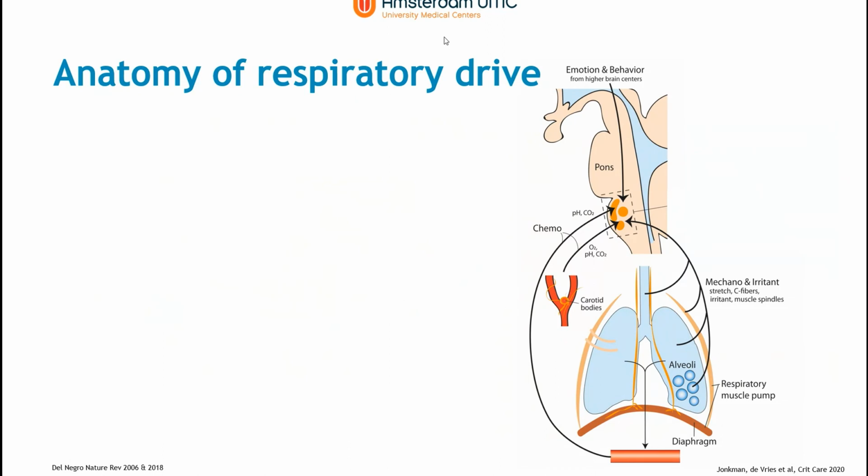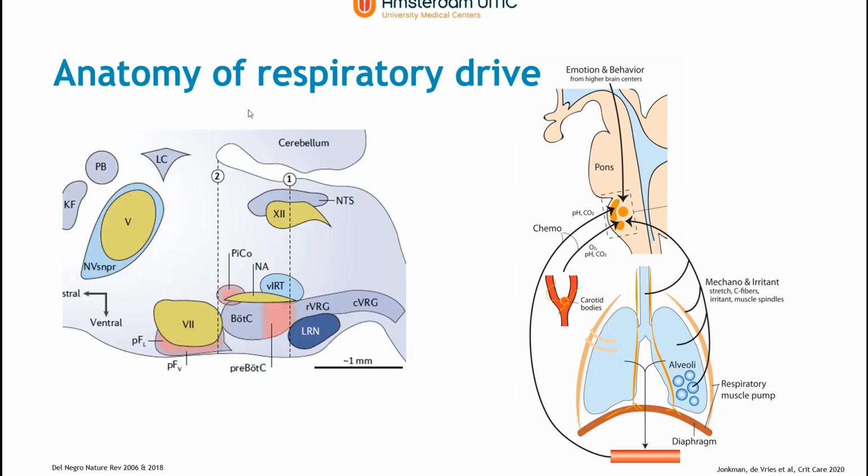To review that, I think we should go a little bit into how respiratory drive is generated. Respiratory drive is generated in the brainstem, more specifically in the respiratory centers right here, originating in the medulla. If you take a closer look, it's quite a complicated picture, but this is the rostral part. In the ventral part, you'll see some very important areas. First, the pre-Bötzinger complex.